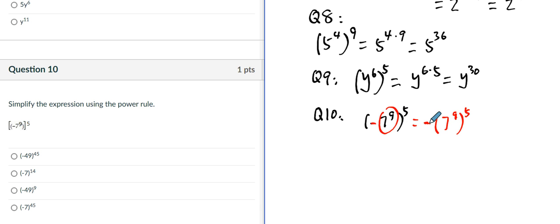The final answer would be negative. And then here you have negative 7 to the 9 times 5. This will give us negative 7 to the 45th power.